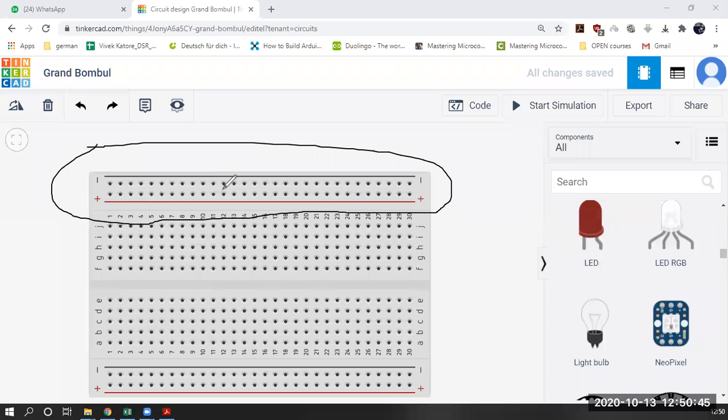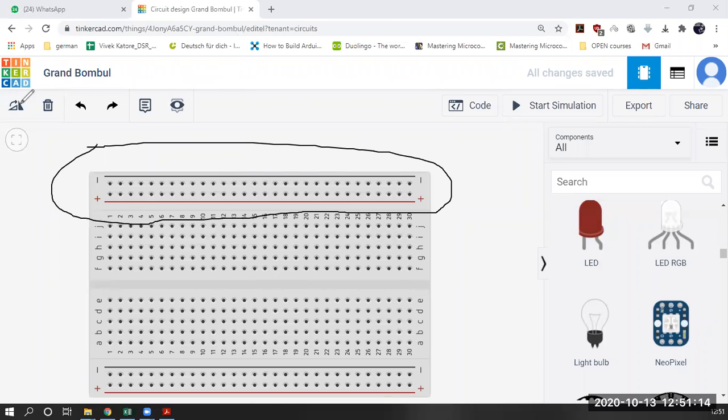Think and give me the answer. All right, good. So it is called a power rail.